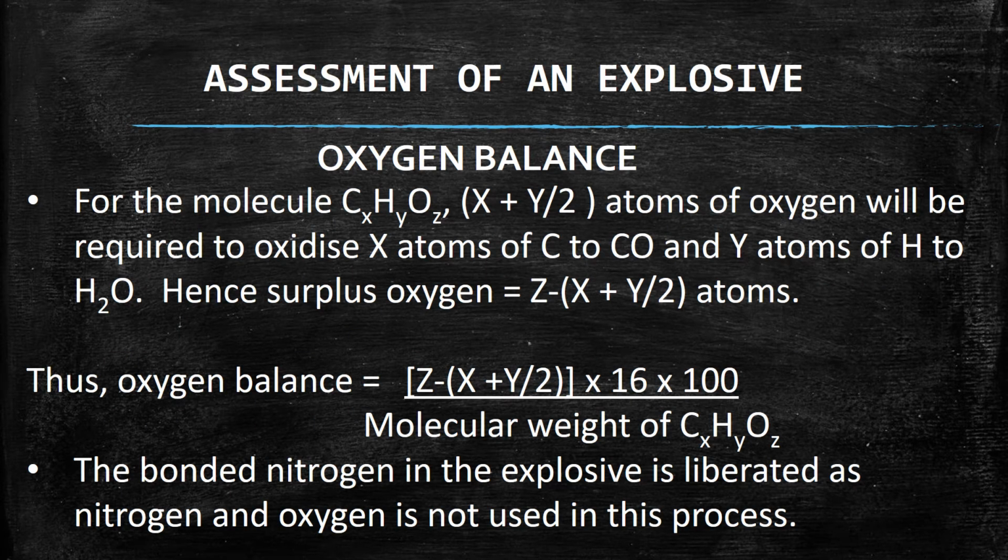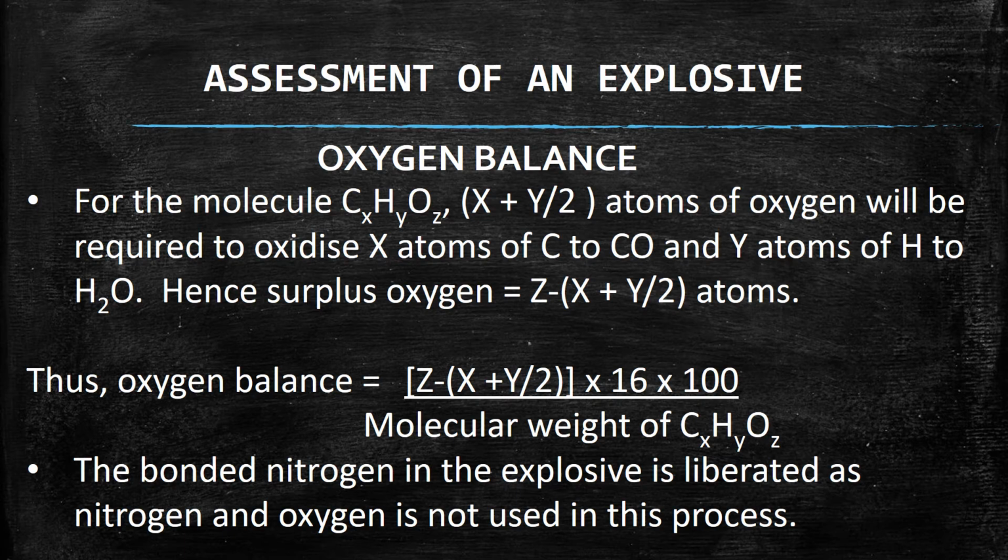For a molecule containing X number of carbon atoms, Y number of hydrogen atoms and Z number of oxygen atoms, the sum of the carbon atoms and half of the hydrogen atoms of oxygen will be required to oxidize X atoms of carbon to carbon monoxide and Y atoms of hydrogen to water.